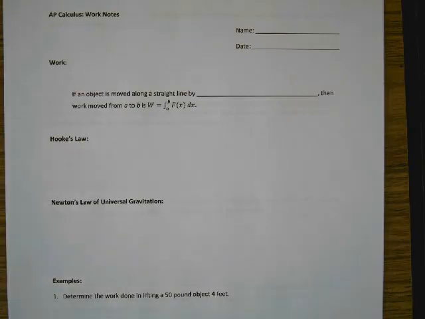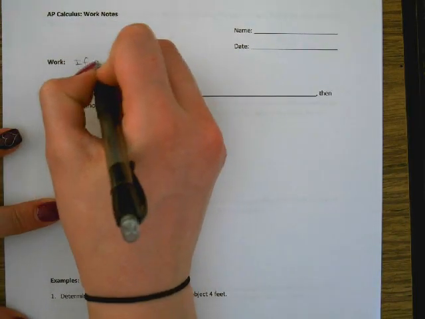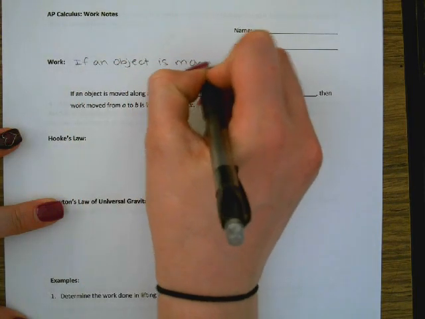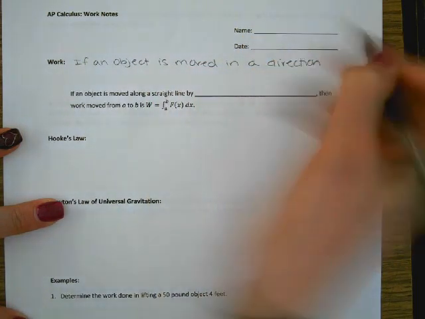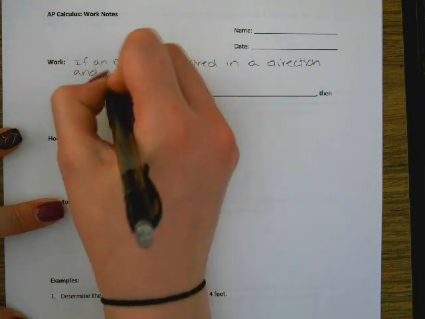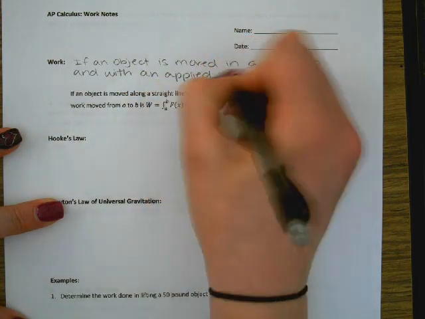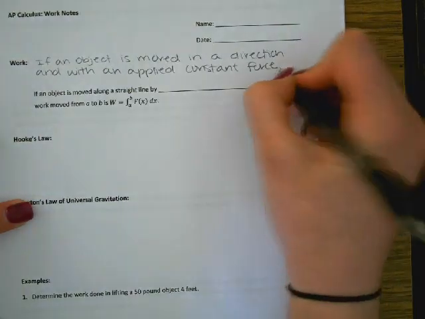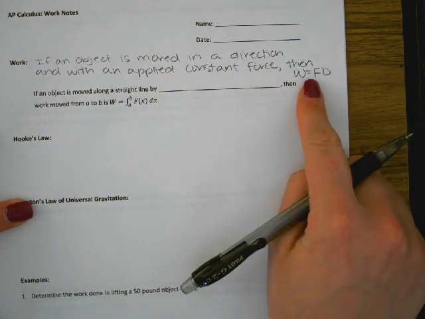All right, these notes are going to be on work. So work is, if an object is moved in a direction with an applied constant force, then work equals force times displacement.